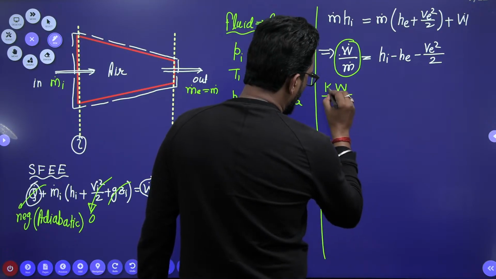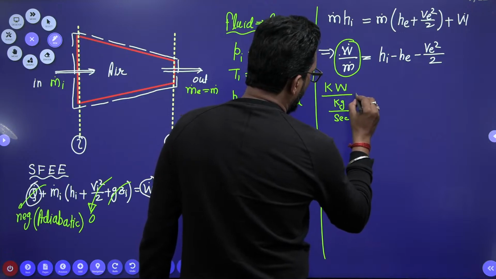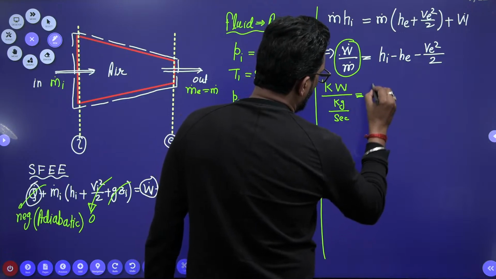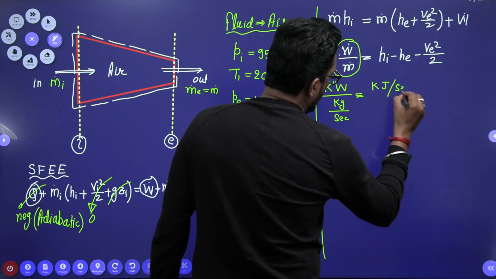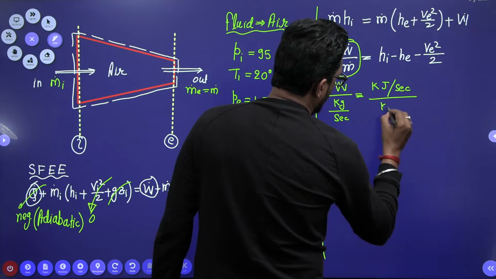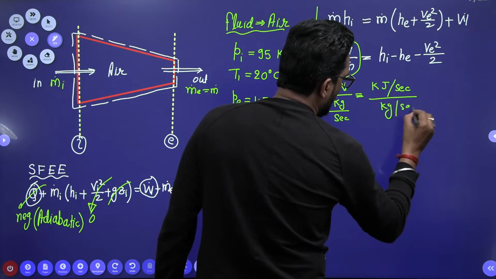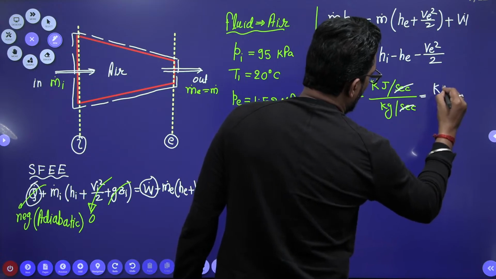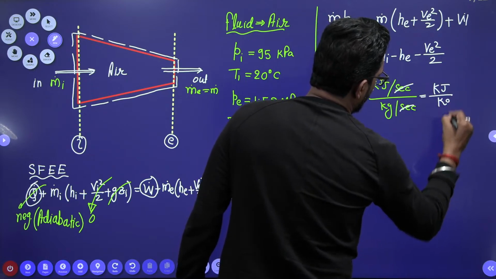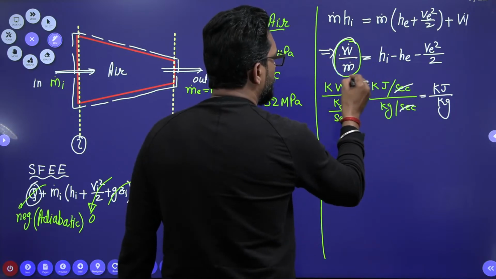So this is kilojoule per second divided by kg per second. The seconds cancel. So this is kilojoule per kg.